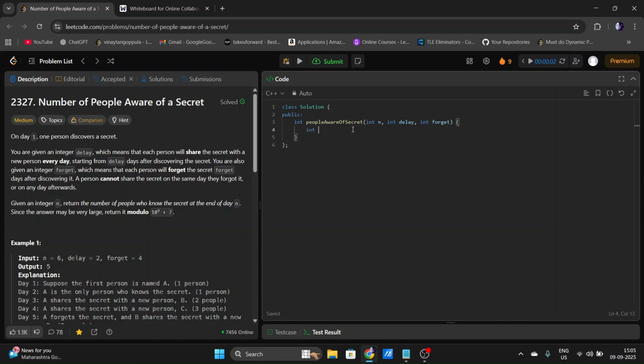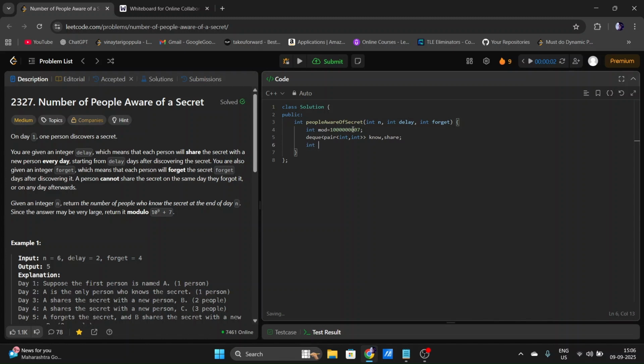So let's first declare the mod. I'll write it like this so that I can know the correct number of zeros. Okay. Now DQ of pair of int and int, and we know that two are no and share.